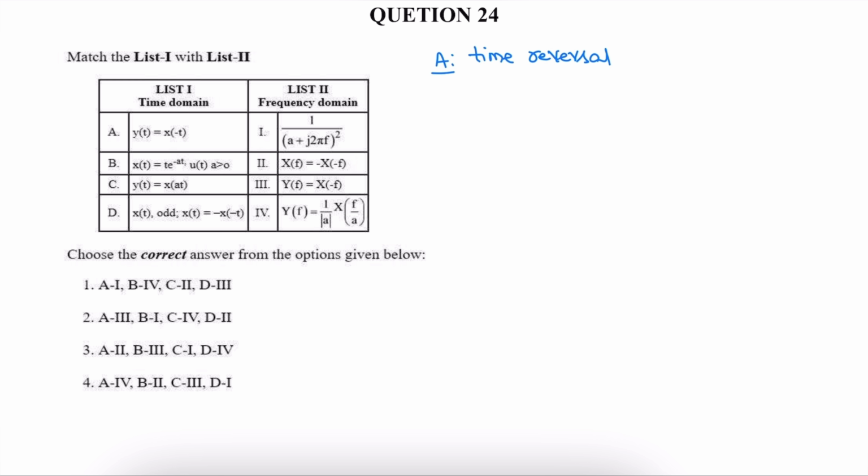So if x of t has Fourier transform X of omega, then x of minus t has Fourier transform X of minus omega. Option 2.